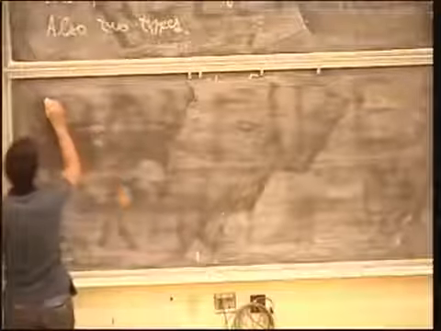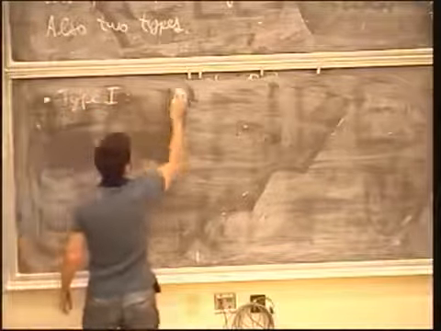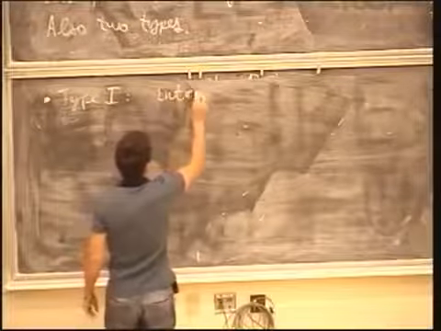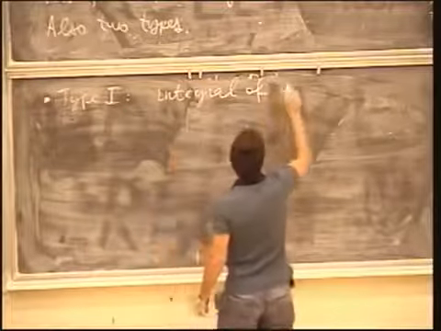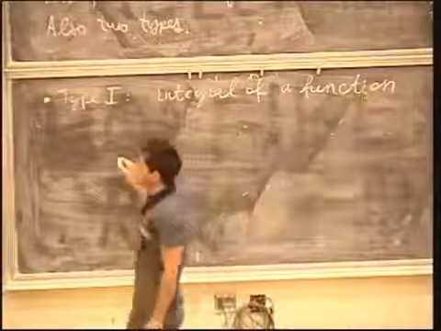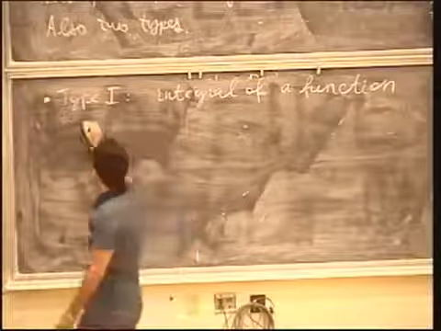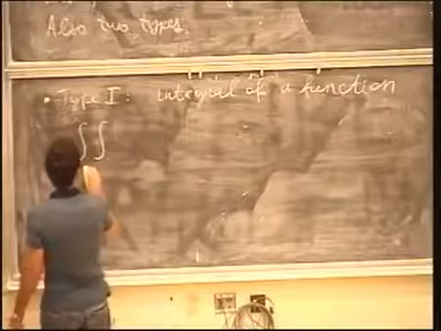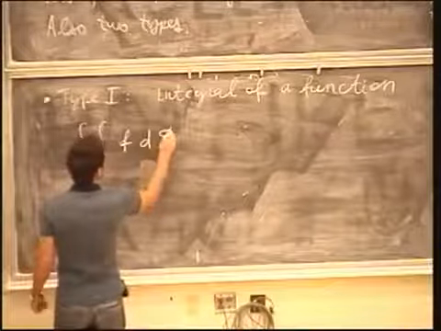And so the first type will be an integral of a function. Surface integral of a function. So we will have a surface M, again, like in Stokes' theorem on that board. But we will be integrating not a vector field, but a function. And it will be represented in this way.